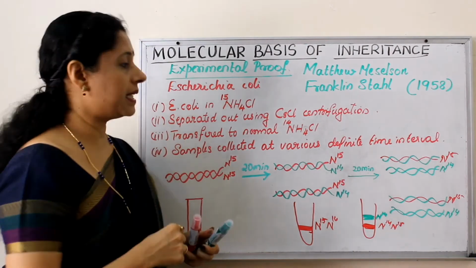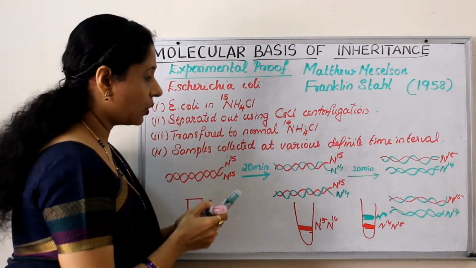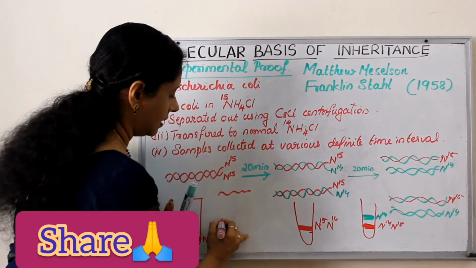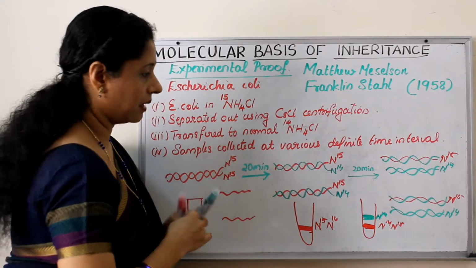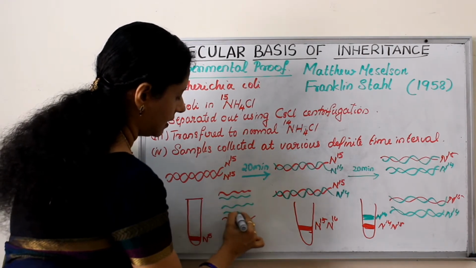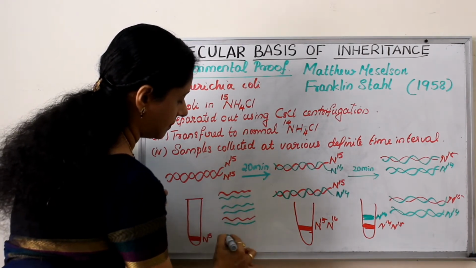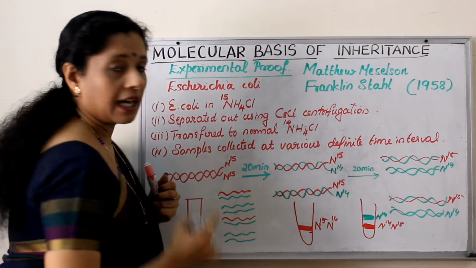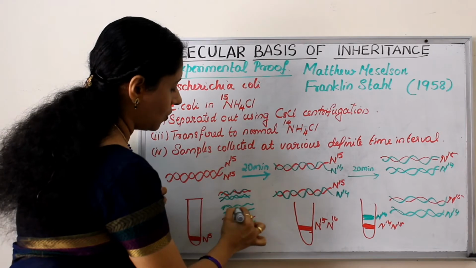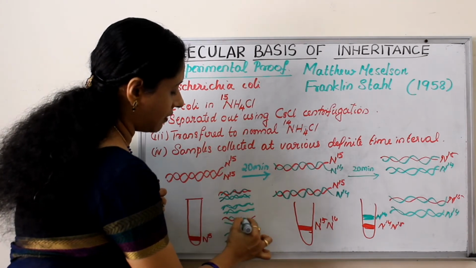Again after 20 minutes, what will you get? You know that the first one will be like this. There will be two red only, but here one green, green, green, like this. Every single strand will make a new green one. So in the next generation, what are we expecting?